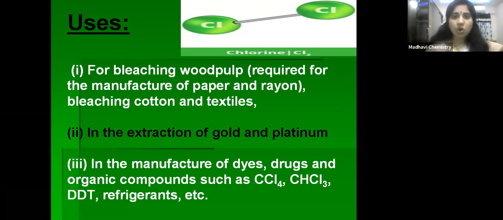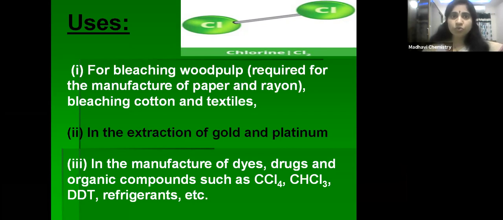And in bleaching cotton and in the textile industry, it converts colored substances into colorless substances. Okay. In the extraction of gold and platinum also, chlorine is used. In the manufacture of dyes, drugs, and organic compounds such as carbon tetrachloride, chloroform, DDT and refrigerants, chlorine gas is used in the preparation.